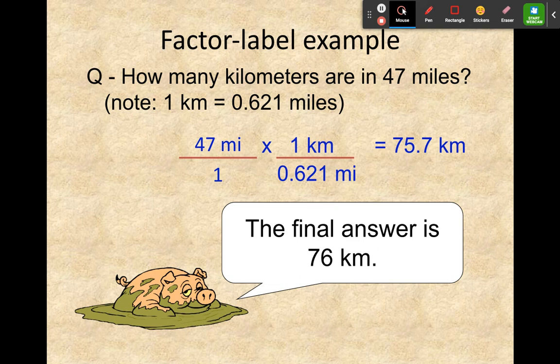So if 0.621 is on the bottom, do we multiply or divide? Divide. So if you had a calculator at your desk, you could use your phone or whatever, you would do 47 divided by 0.621, and that would give you 75.7 kilometers.